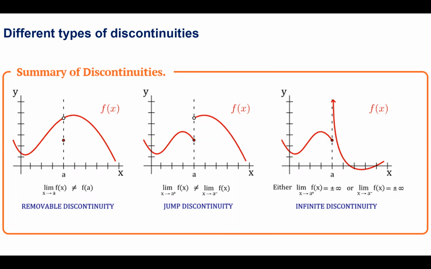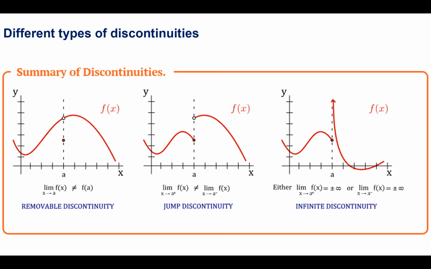The second type of discontinuity is called a jump discontinuity, which is illustrated in the graph in the middle. In this case, the limit of f(x) when x approaches a from the left side and from the right side are not equal, right? If they are not equal, then the limit of this function does not exist. Then we say this is a jump discontinuity.